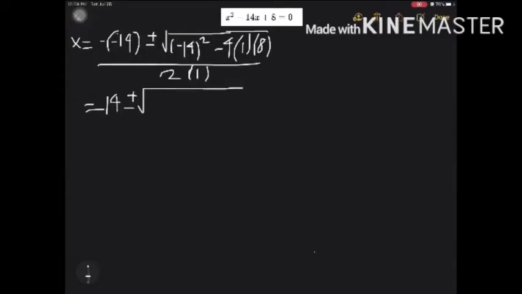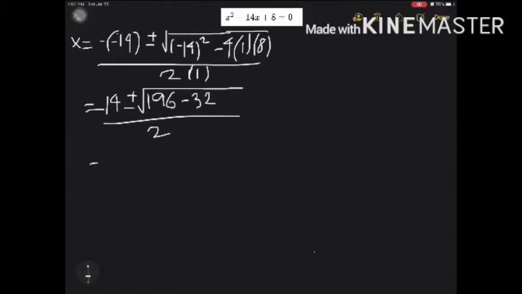It is 196, since again negative times negative equals positive. Now negative 4 times 8 is equal to 32, times 1, 32, so negative 32, over 2 times 1 is 2. So that's going to be our next solution.